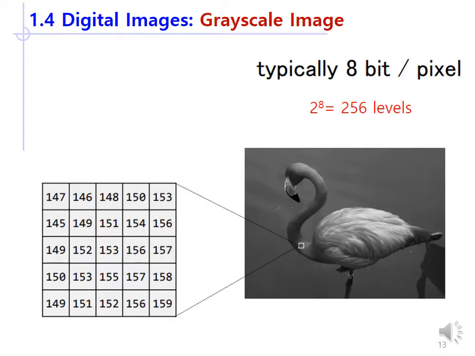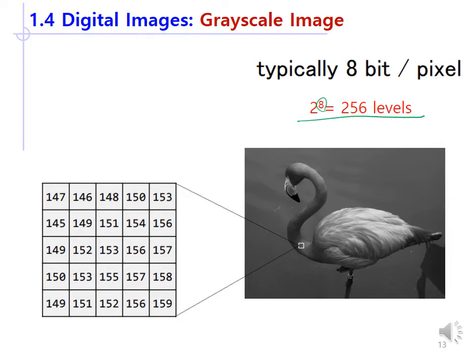This picture shows a gray image. Typically 8 bits per pixel is used. Thus there are 256 levels of intensity in a pixel. Level 0 is black and level 255 is white.